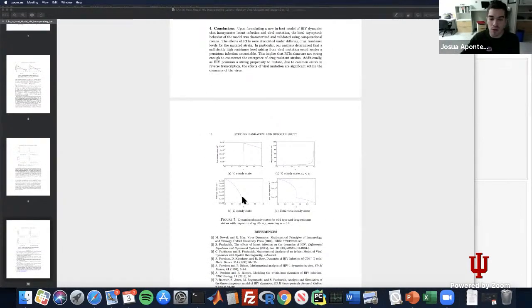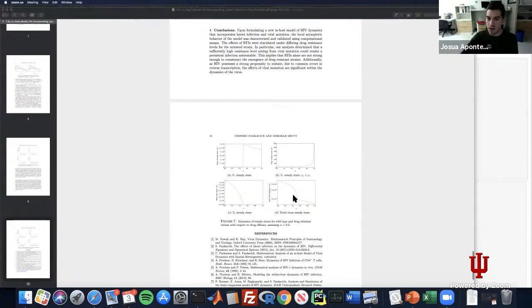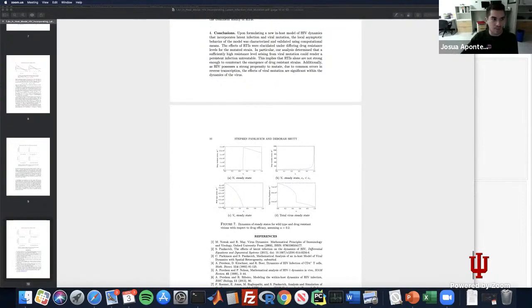So we will spend some time looking at how adding drug therapies changes what happens at the end of the simulation for the different parameter values.